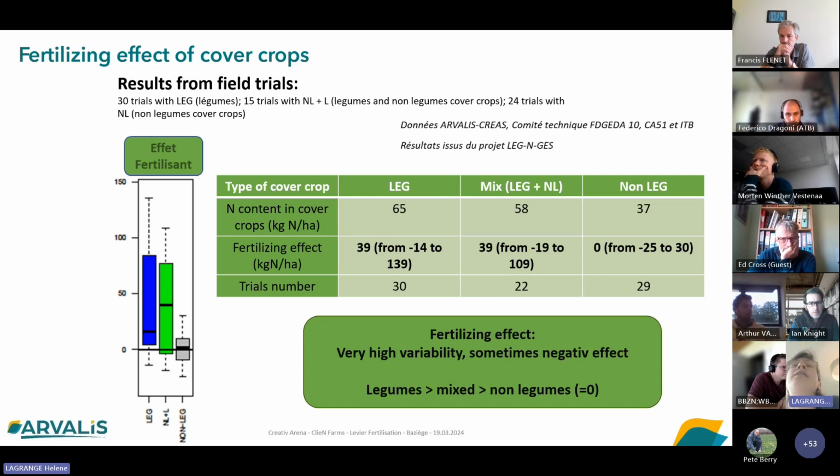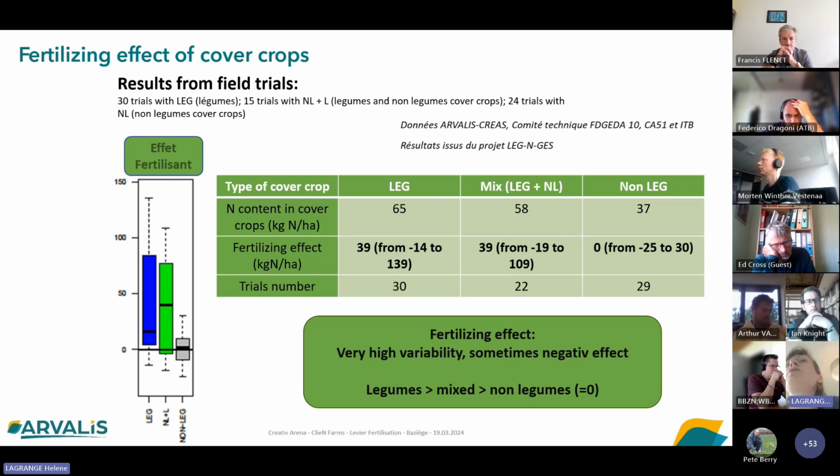And then the other question is, what is the fertilizing effect for the next crop? So you can see the average here, and you can see that we can have more nitrogen for the next crops thanks to legumes and mixed cover crops. And with non-legumes, the average is 0 nitrogen available for the next crop.